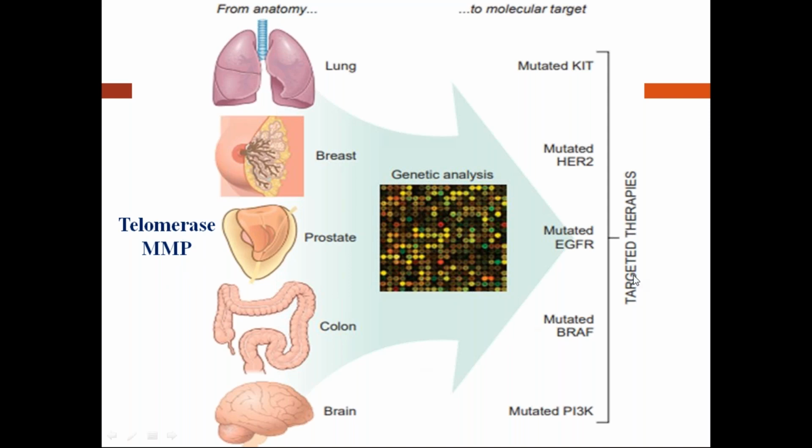Like that, there are other targeted therapies which prevent the activation of mutated growth receptors, such as mutated KIT, mutated HER2 in case of breast, mutated EGFR in case of prostate, mutated BRAF in case of colon, and not only the receptors, they even prevent the activation of a mutated signal transducing pathway, that is PI3K in case of brain.